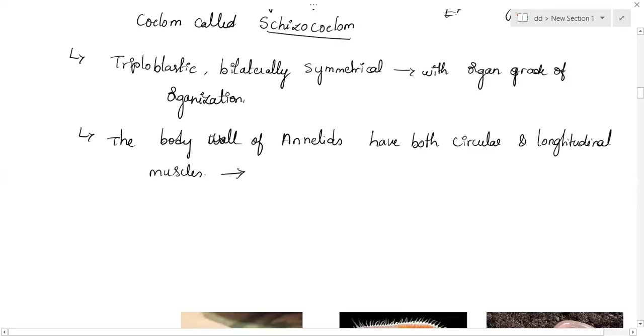What is the beauty of these circular and longitudinal muscles? They contract during locomotion.